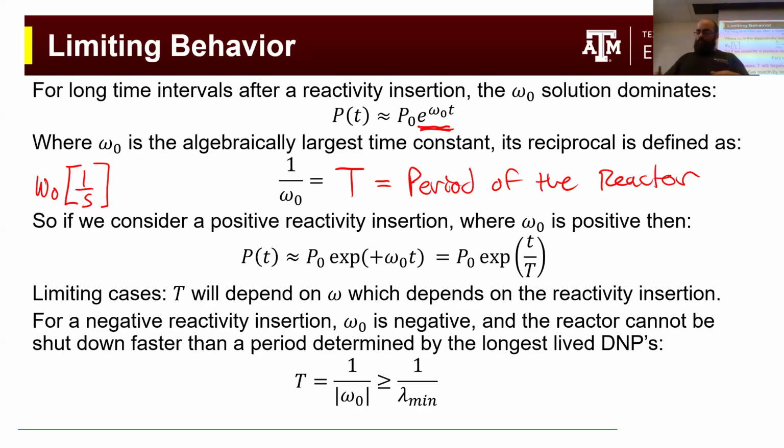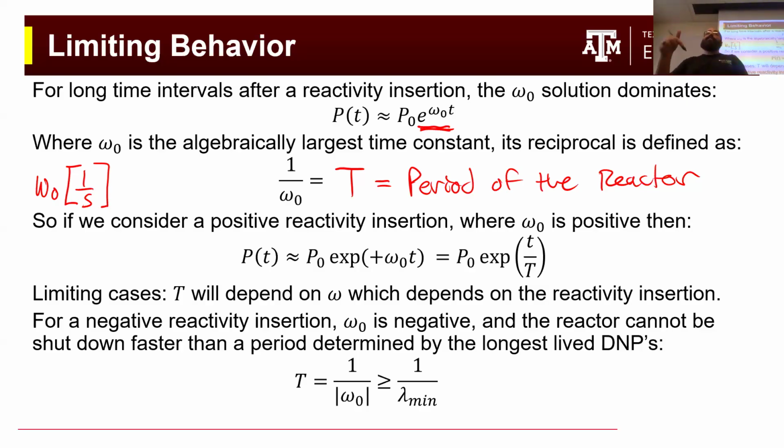Sorry, got some bug in here. So you can rewrite the exponential solution in terms of that time constant instead, and then we can talk about the period of the reactor as a limiting case. We had already said that the longest-lived delayed neutron precursors were about 55 seconds, and that corresponds to 1 over omega being about 1 over 80 seconds.